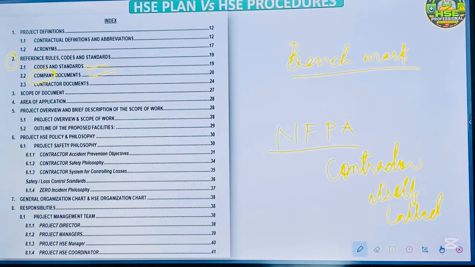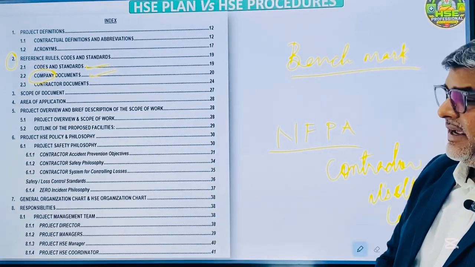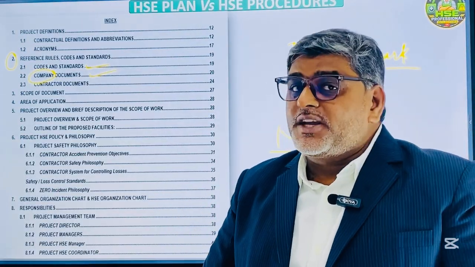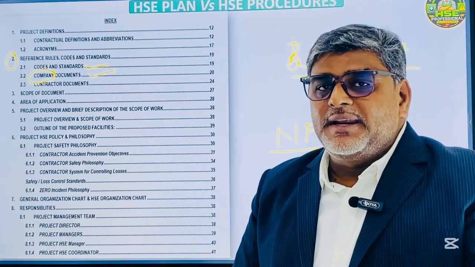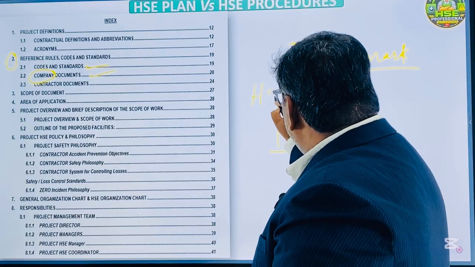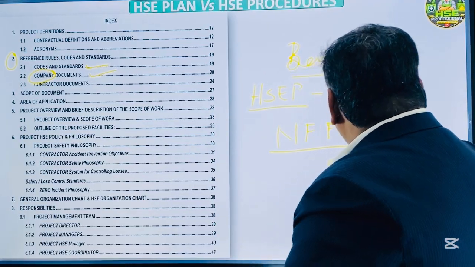Okay. So suppose we are preparing some procedure as a plan. In that plan, we are taking client document, and we also require our corporate document, that is called company document. Suppose my company has a health, safety, environment program, that is called corporate document.